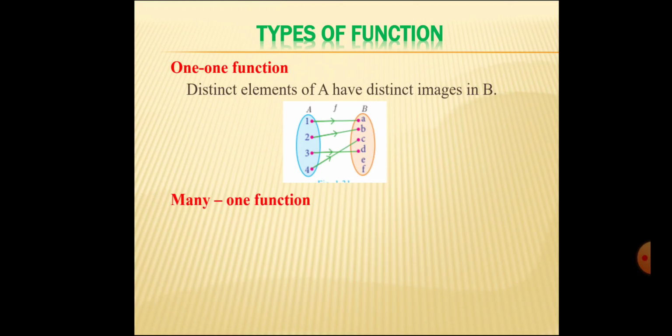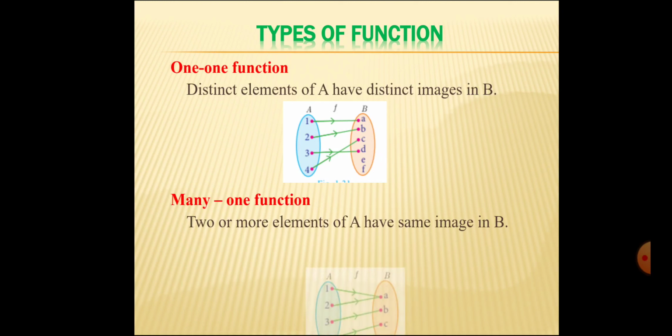Next one, many-one function. Many-one means many elements have one image. Here also you see the diagram. Already you know, A is the domain, B is the codomain, and another name for A is pre-image, B is image.